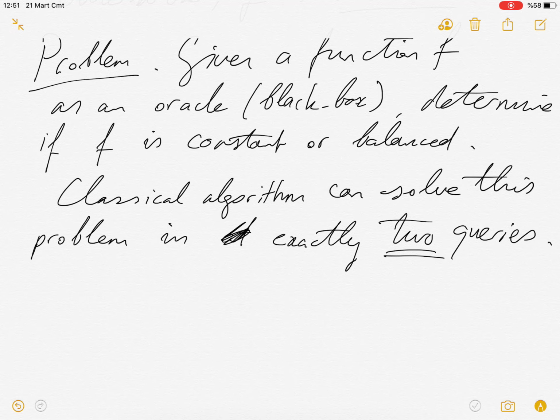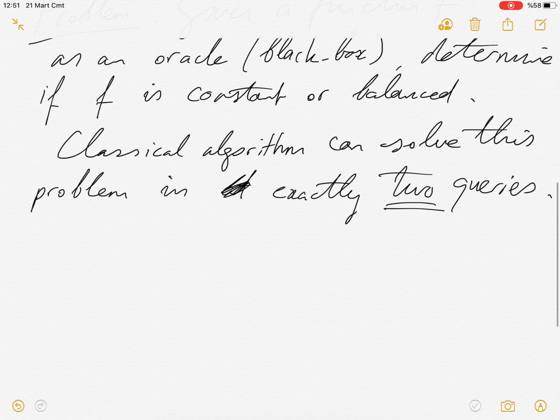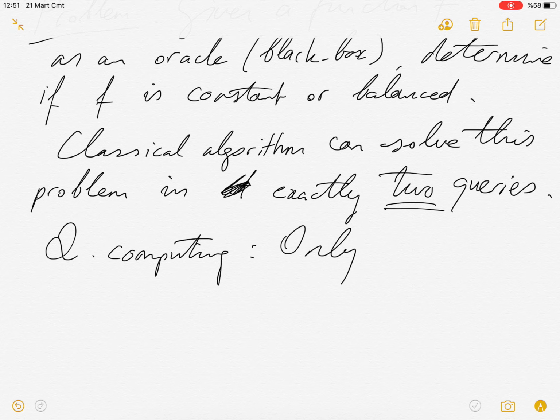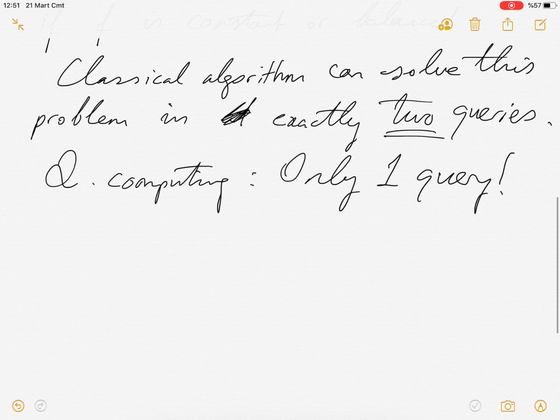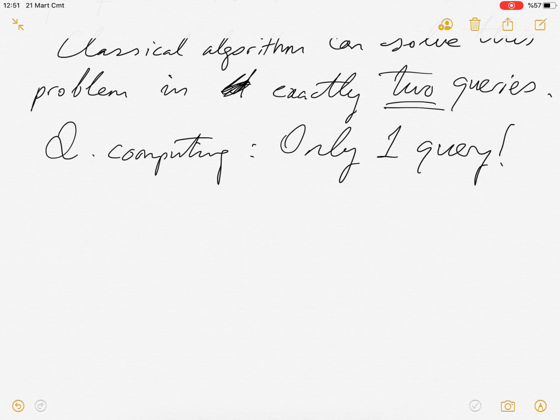Okay, but with quantum computing, we will see that we can solve this problem using only 1 query. Only 1 query.